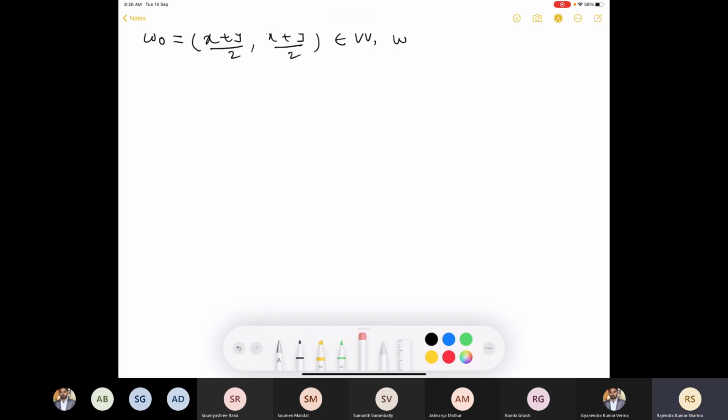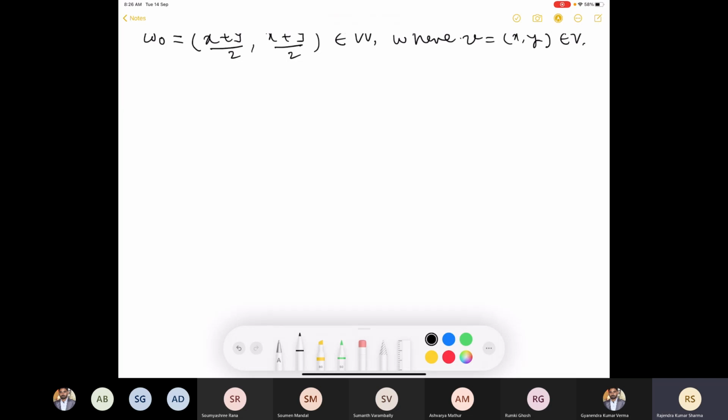So best approximation, where v is (x, y) in v. This is what we have got.